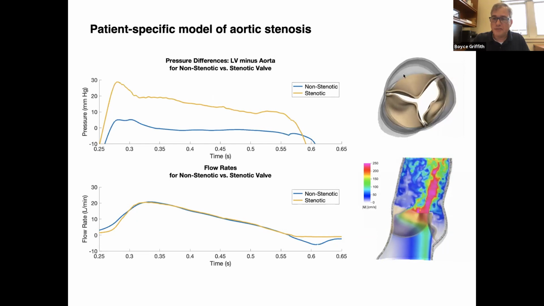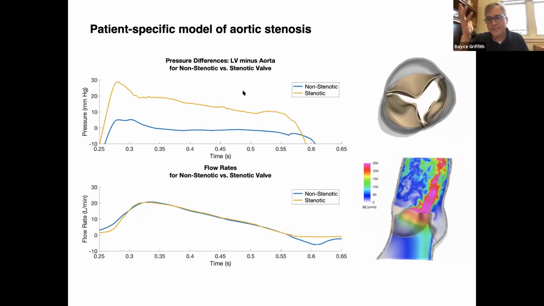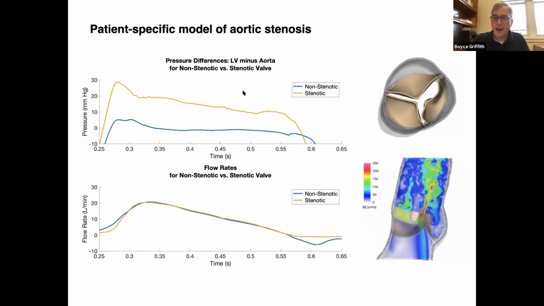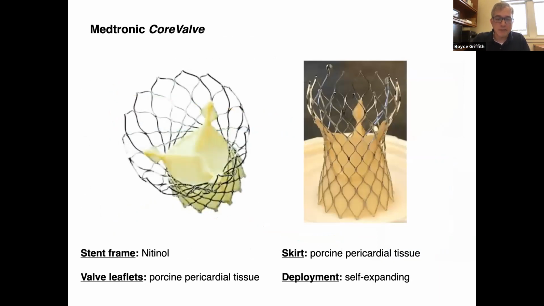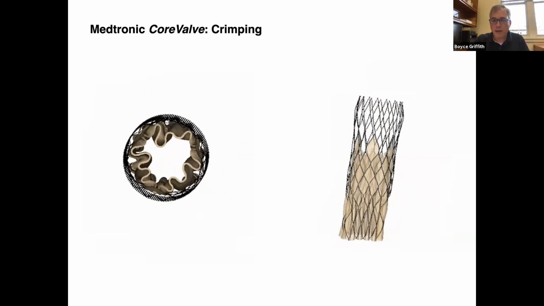One thing that was surprising to me is how small the open area can be, and this actually corresponds to mild aortic stenosis. So this is a mean pressure gradient of about 15 millimeters of mercury. So we put together models of the CoreValve. CoreValve is a self-expanding device. The stent is made of nitinol, which is a shape memory alloy. We can model the crimping process.